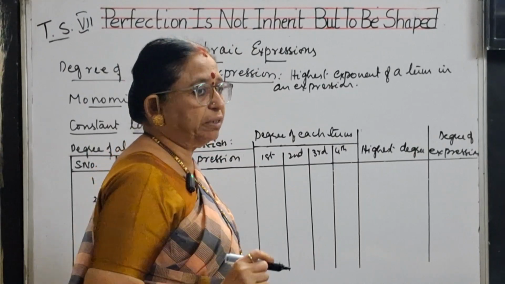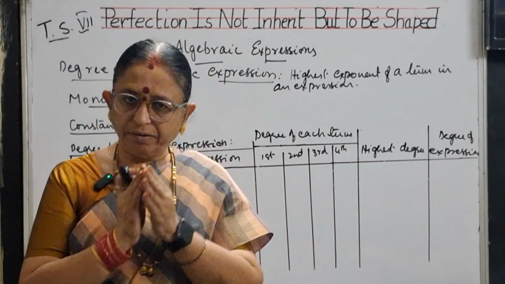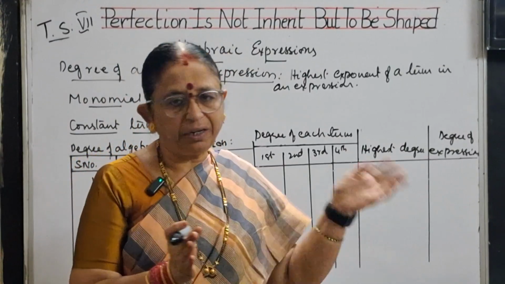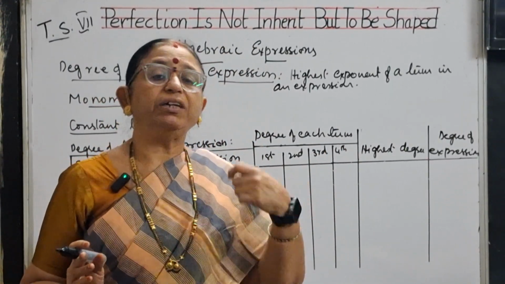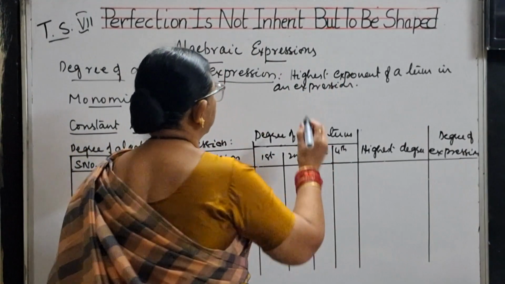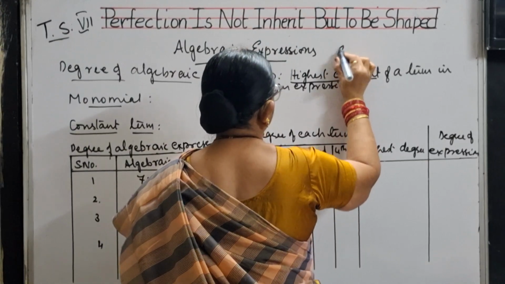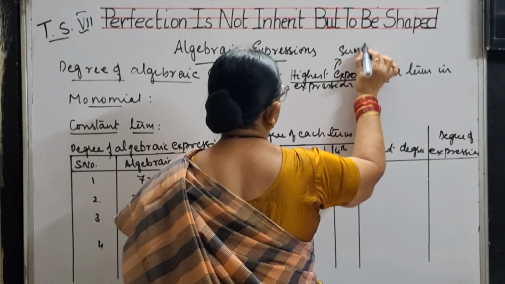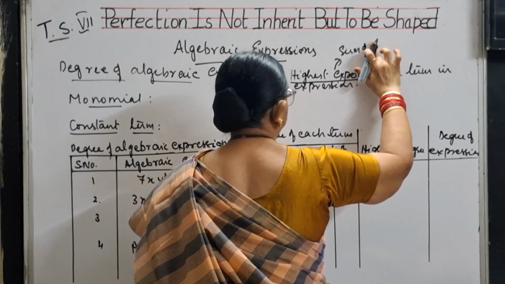In an algebraic expression, you may get monomial, binomial, trinomial, or multinomial. In each term, what is the highest power? Here, highest exponent means what? How do you find out the highest exponent? It is nothing but the sum of the exponents of the variables.